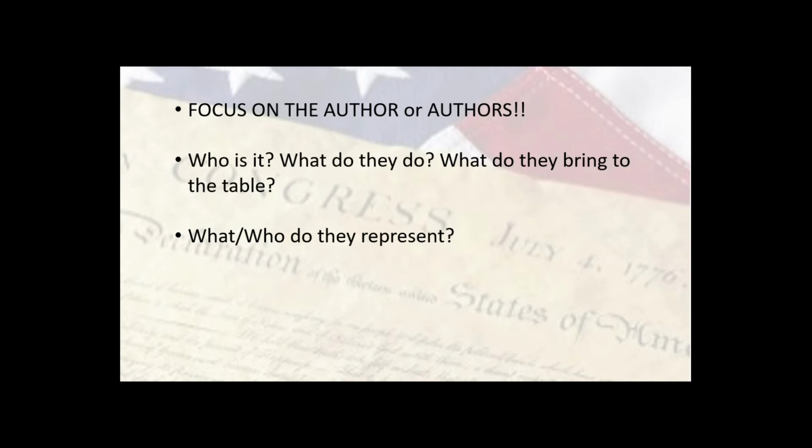I saw a lot of people suggest that this represented the colonists' view in general, and that's not necessarily true. You have to think specifically, this is a group of representatives, but they represented a very specific portion of the colonial populace, the social and political elite of the colonies.